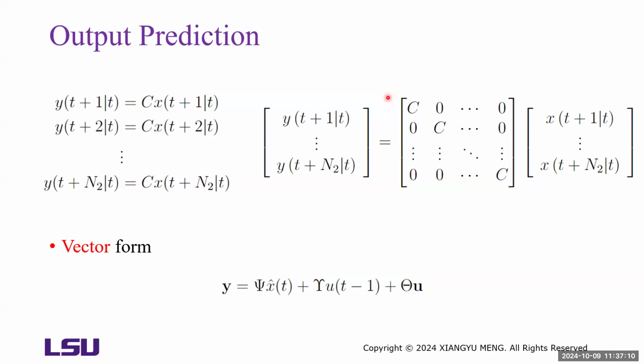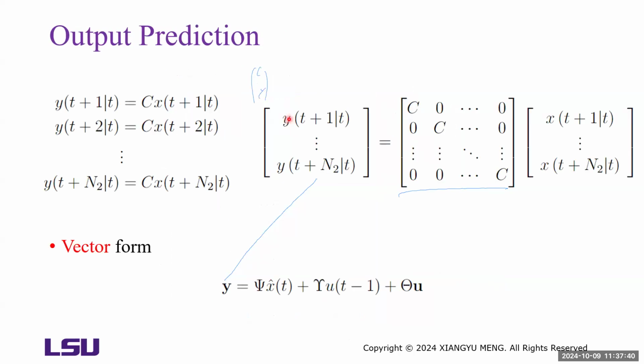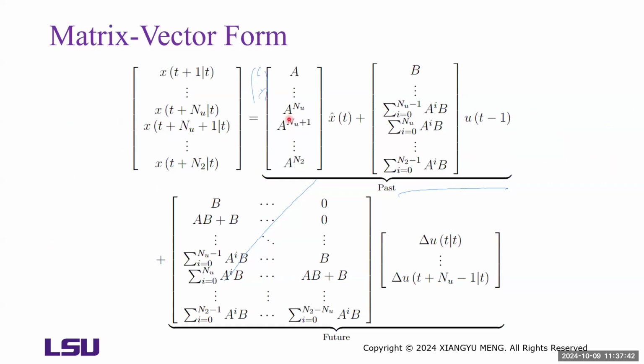So let's call this y. Then the block C matrix times this is called phi.